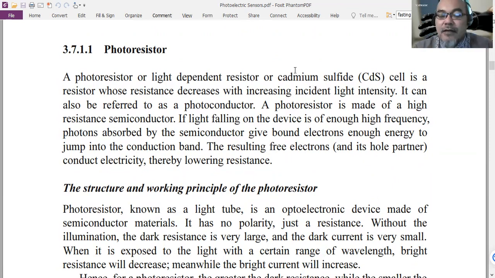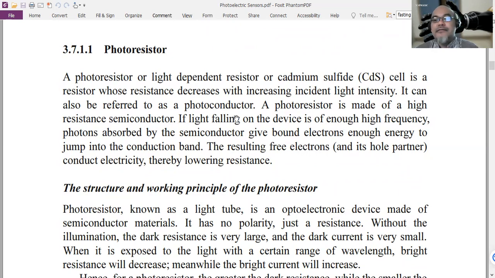when there is high frequency light containing enough energy, the photon will be absorbed by the semiconductor. And this will give the bound electrons in the valence band enough energy to jump from the valence band into the conduction band, resulting in free electrons, and including the hole that is made in the valence band.